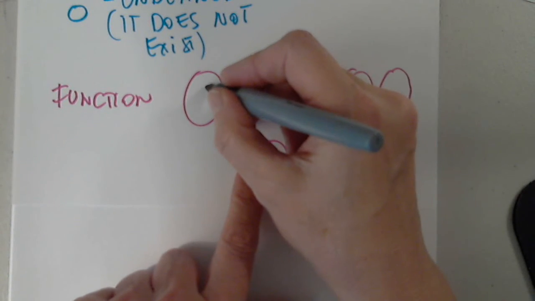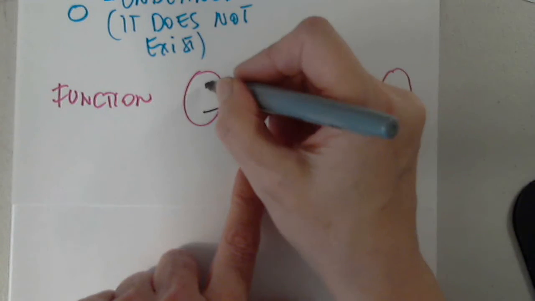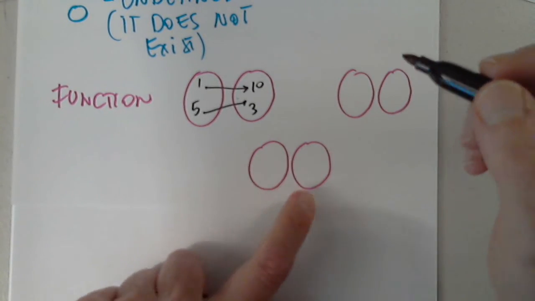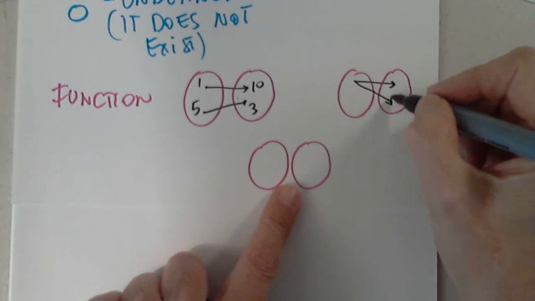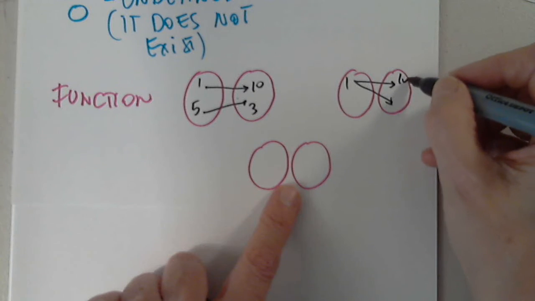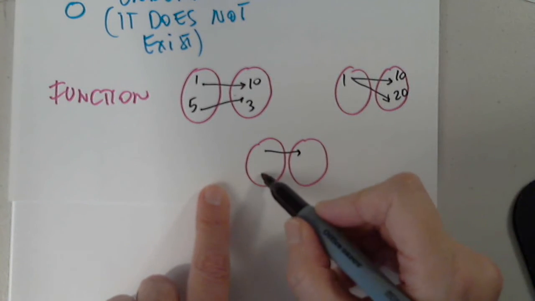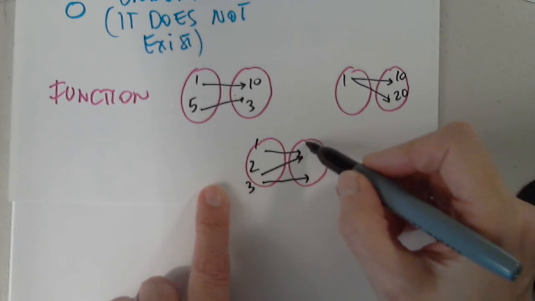The first relationship is this: 1, 5, 10, 3. The other one is this: 1, 10, 20. And here's the other one: 1, 2, 3, 4, 5.